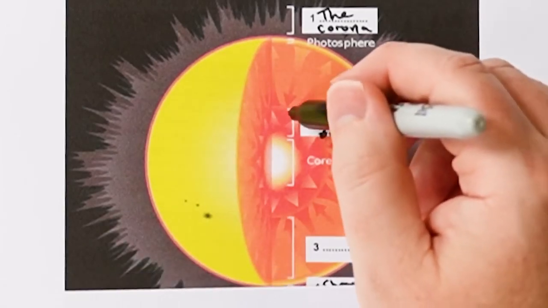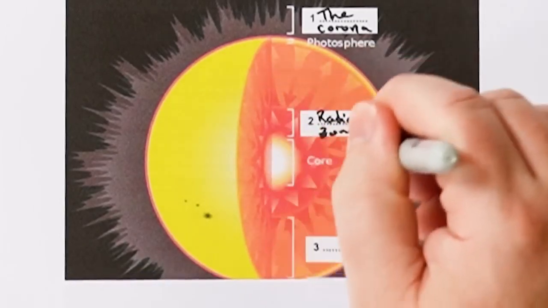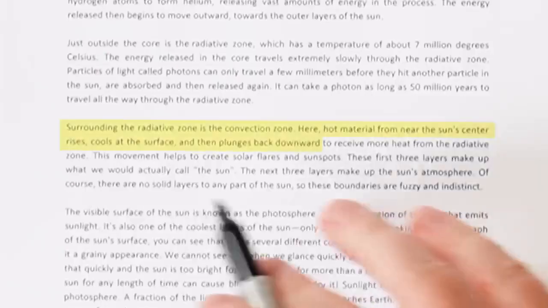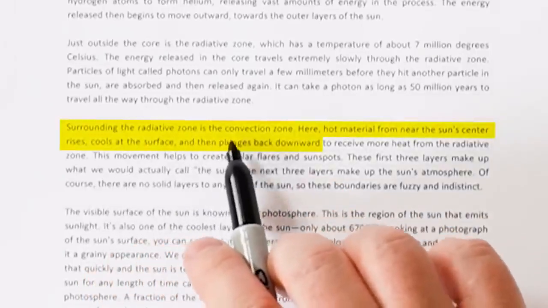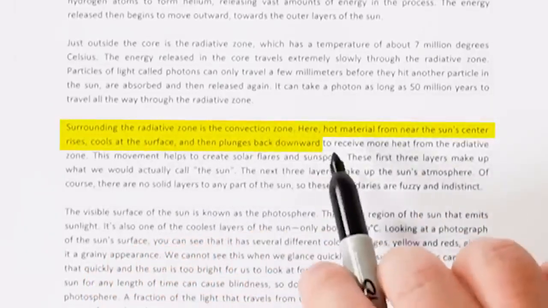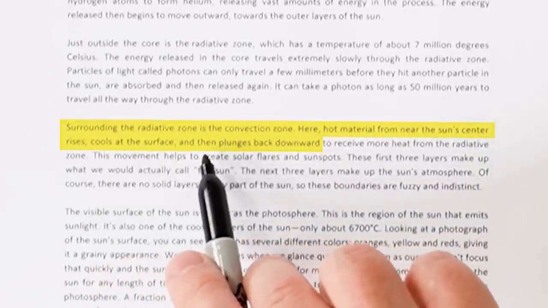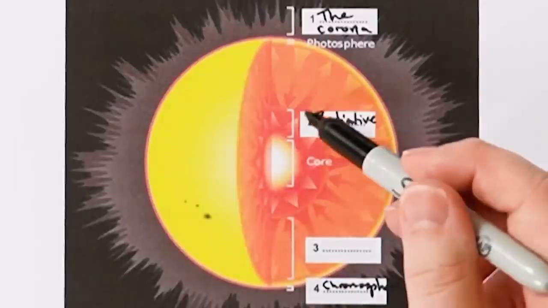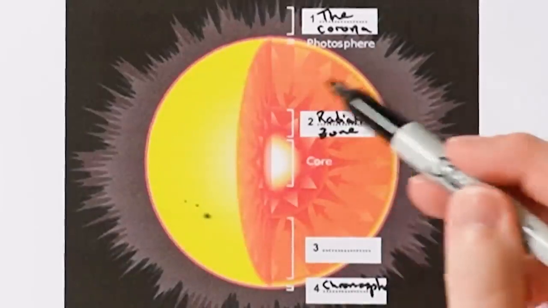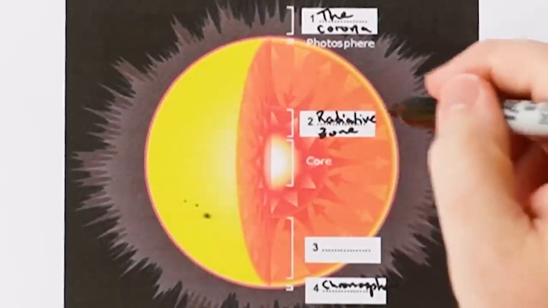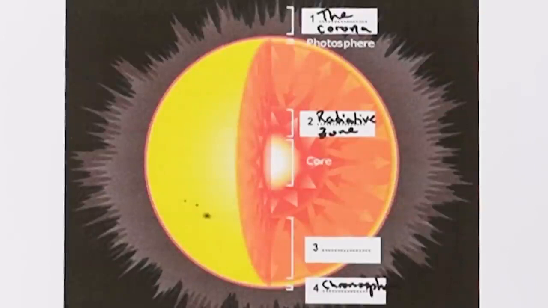Okay, so if we go back here, we have the core, we have the radiative zone. And then if we look here, surrounding the radiative zone is the convection zone. Here, hot material from near the sun's center rises, cools at the surface, and then plunges back down. Remember, we talked about these arrows going up and down here. This is another indication that this is the correct answer, the convection zone.